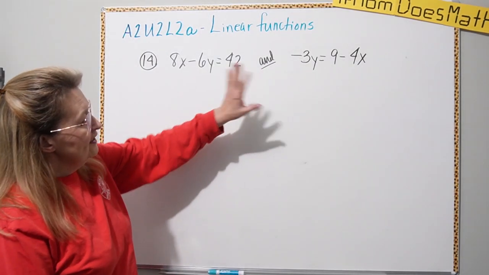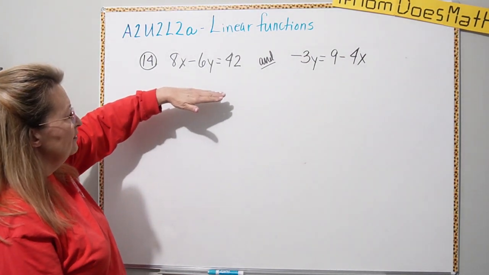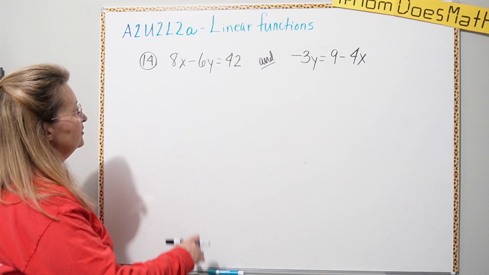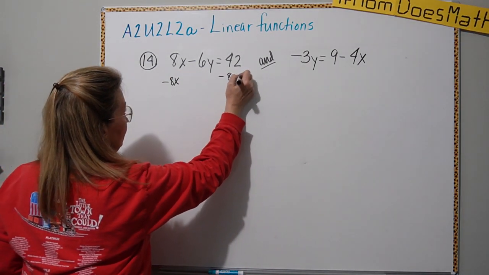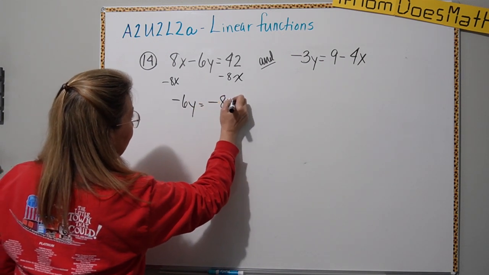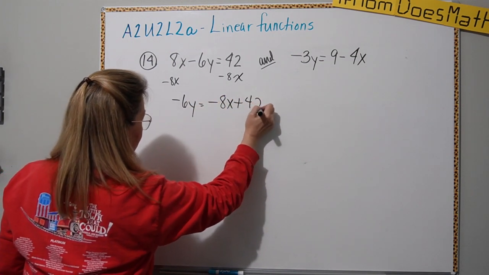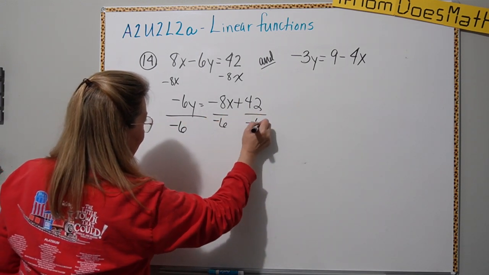Okay, on number 14, let's look at these two. First, we're going to put both of these into slope-intercept form, which is y is equal to mx plus b. So let's subtract 8x from each side. And I have negative 6y is equal to negative 8x plus 42. Divide all the way through by negative 6.